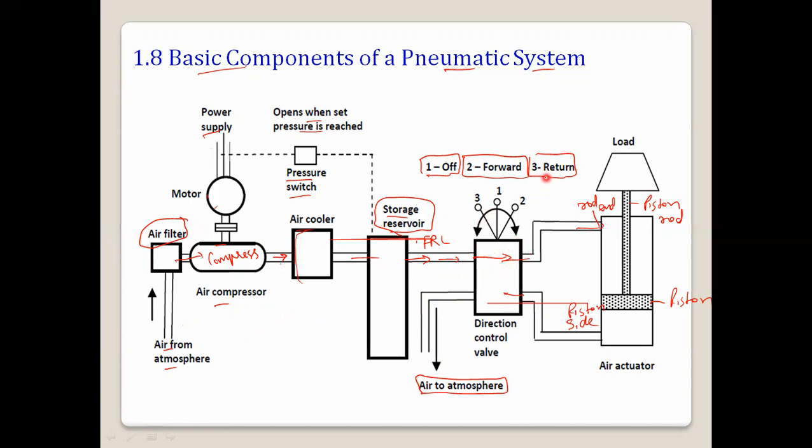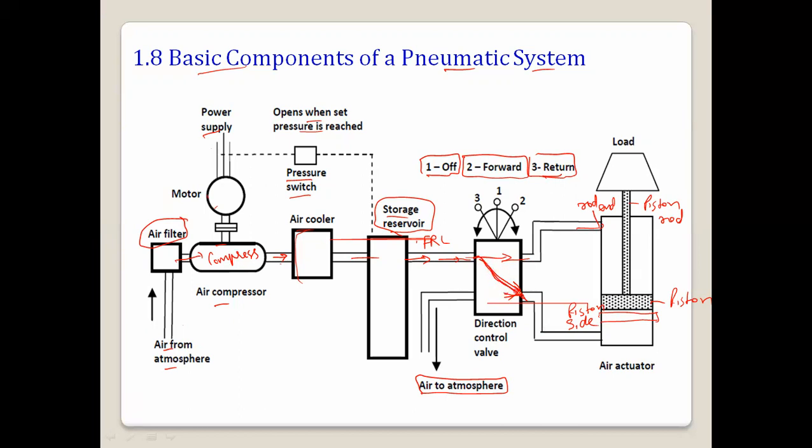ठीक है, then return position में क्या होगा? Now the piston is in this position, तो piston नीचे आ गया रहेगा. ओके, तो पिस्टन को ऊपर ढकेलना पड़ेगा. तो क्या करना पड़ेगा? एयर कंप्रेसर से डायरेक्शन कंट्रोल में आएगा, then it will come to here. सो एयर का डायरेक्शन ऐसे रहेगा. You have seen that in the symbol of the direction control, the cross symbol.